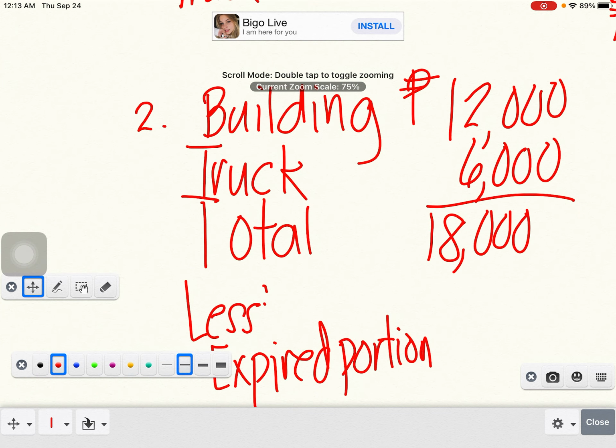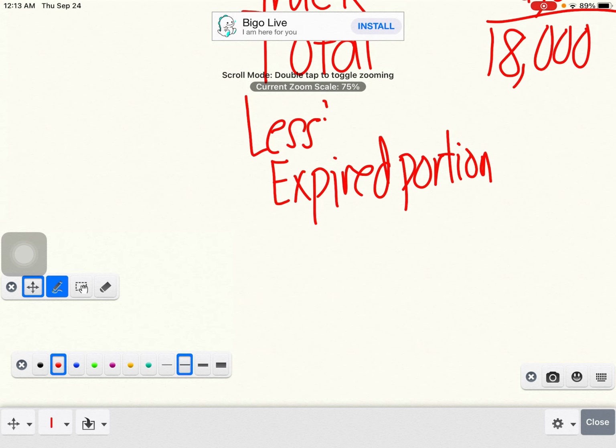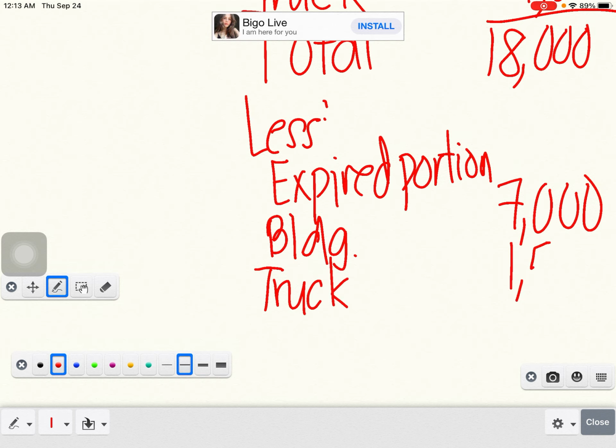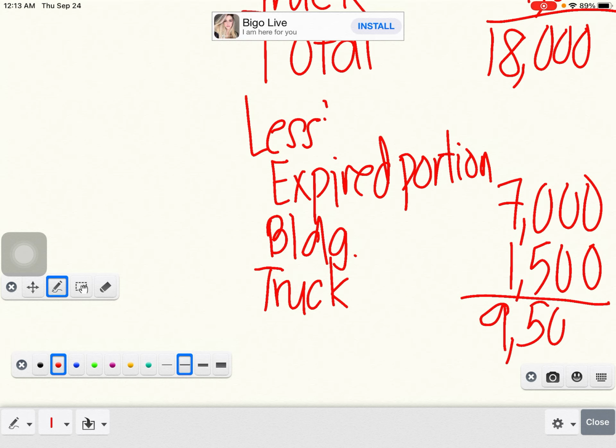That's 7,000. Truck, 1,500. So 18,000 minus 8,500, you have 9,500. So total.